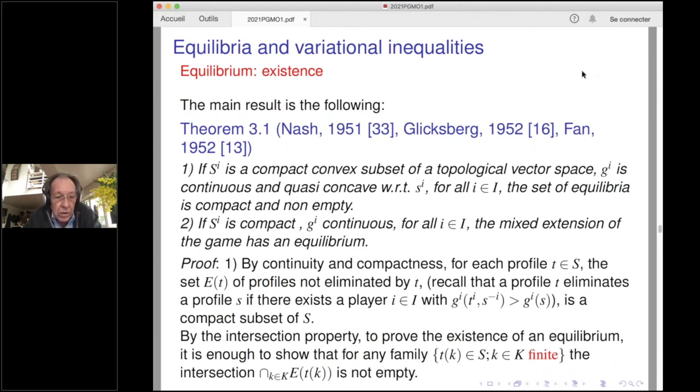Okay, so now you want to prove that the intersection of these E_T is non-empty, okay, and since these sets are compact, it's enough to show that for any finite family, the intersection is not empty.